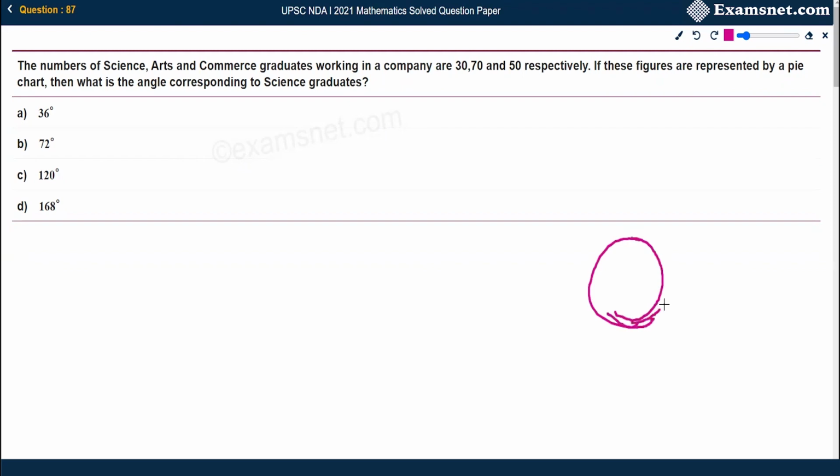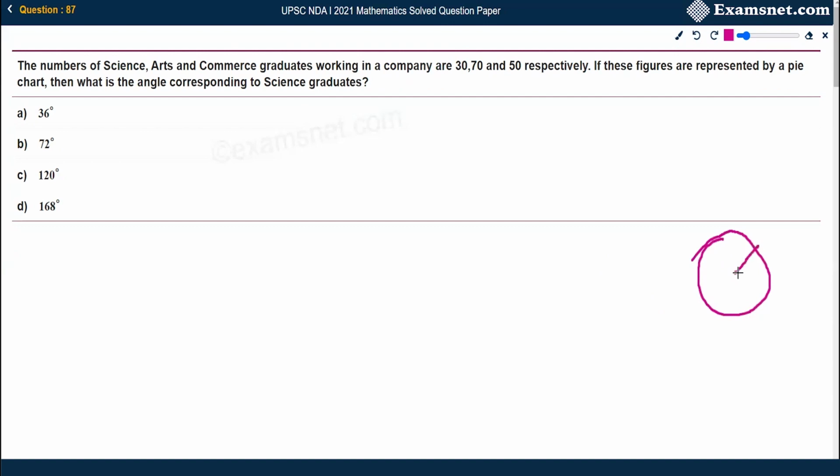and we all know the angle for a circle is 360 degrees. Let me draw the circular shape again. And we all know the central angle is 360 degrees.